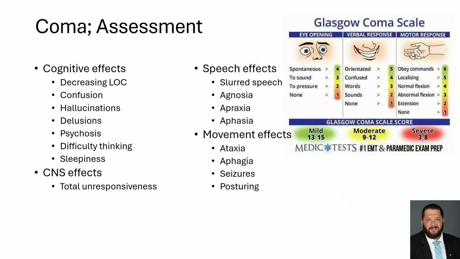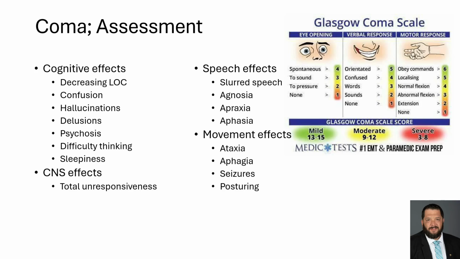When we assess a patient with a coma, we're going to use a Glasgow Coma Scale. This scale is just designed to help us gauge how deep or shallow that coma level and that core brain function is. On the Glasgow Coma Scale, we divide the scale into 3 sections: eye-opening, verbal response, and motor response.